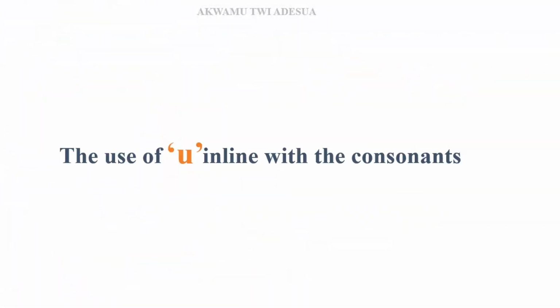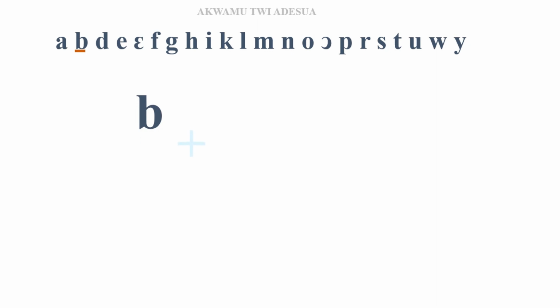The use of the vowel U in line with the consonant. B plus U will give us Bu.